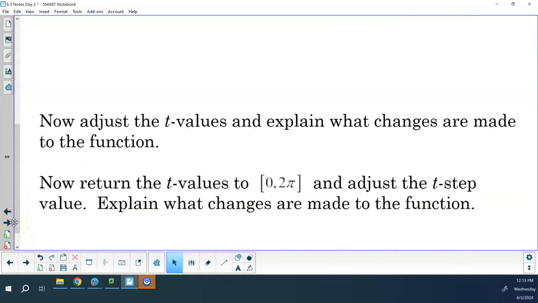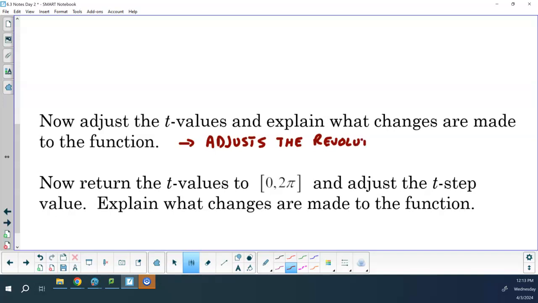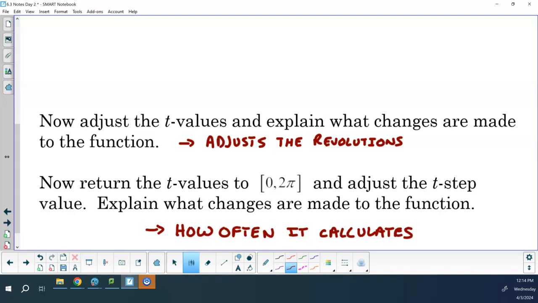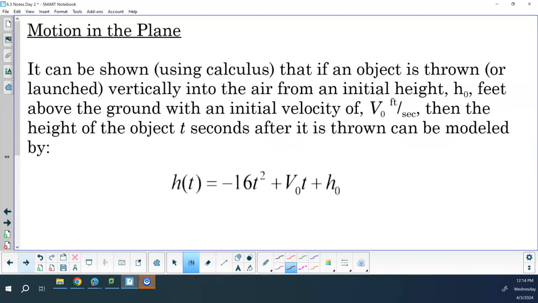So on this one, let's get to motion. We're gonna start throwing stuff.